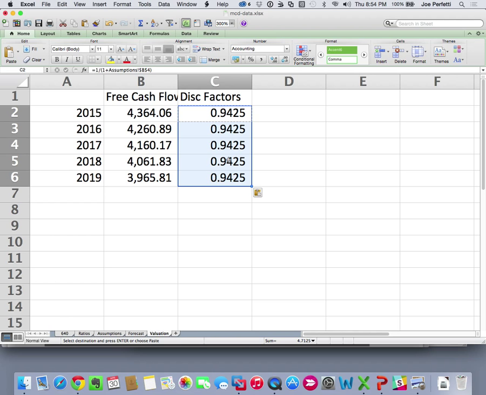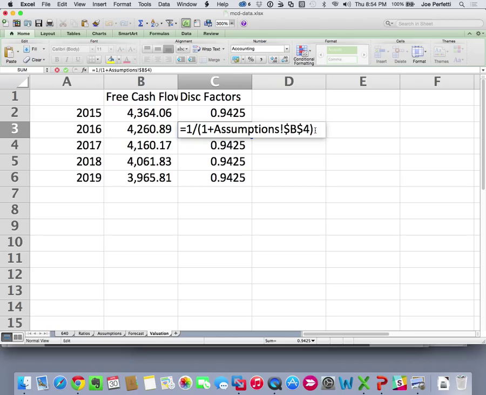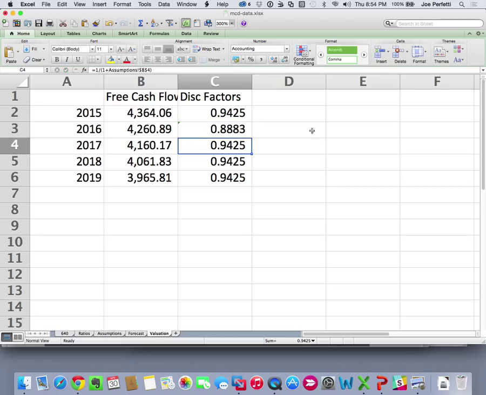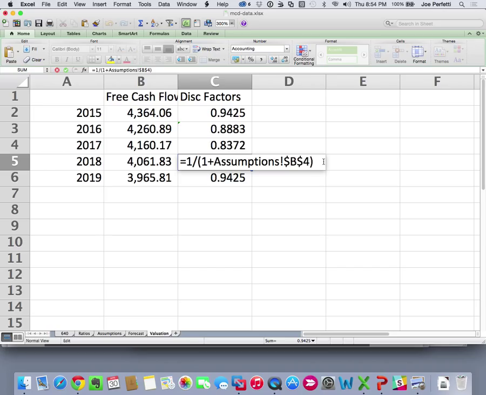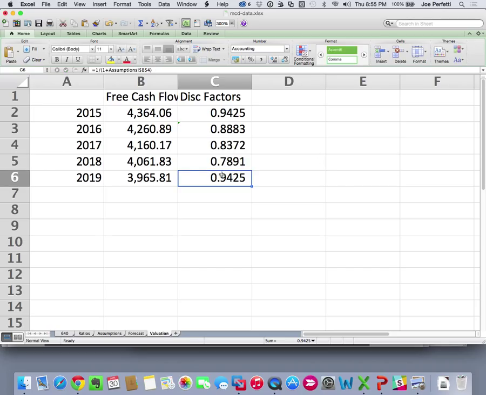Copy, paste. Now here's the thing, in the second year, I want to square it. Third year, cube it. Fourth year to the 4th power. Fifth year to the 5th power. Time value of money.